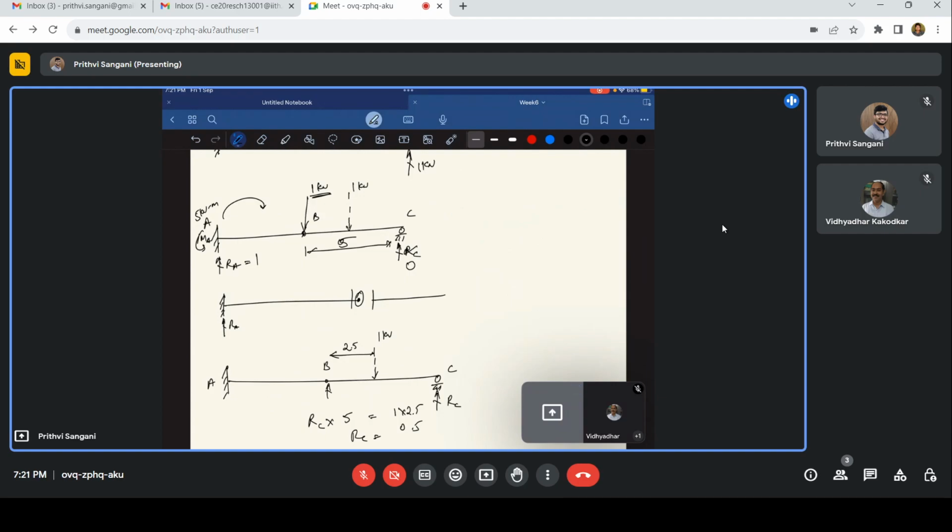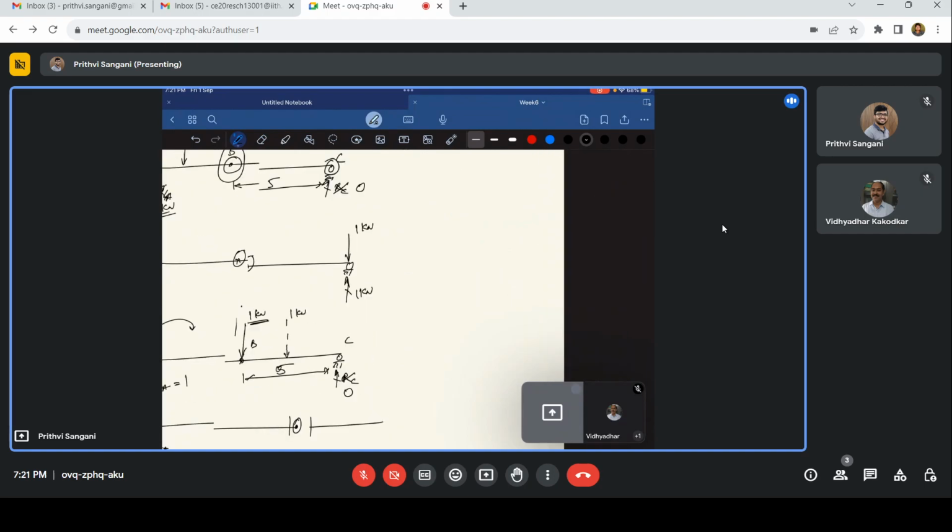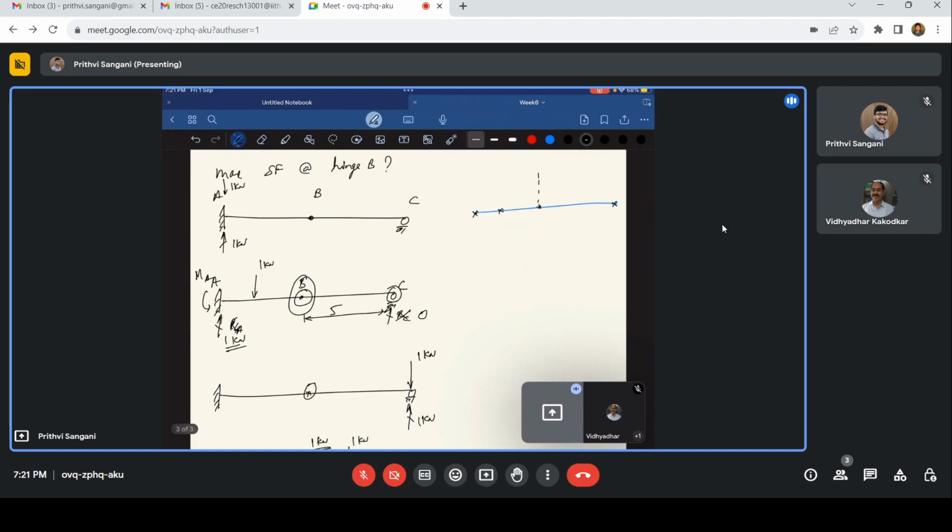So hinge should have a shear force of 0.5. So this is at half mid span, the shear force is 0.5. At C it is 0. So this is something like this. Let me draw it.